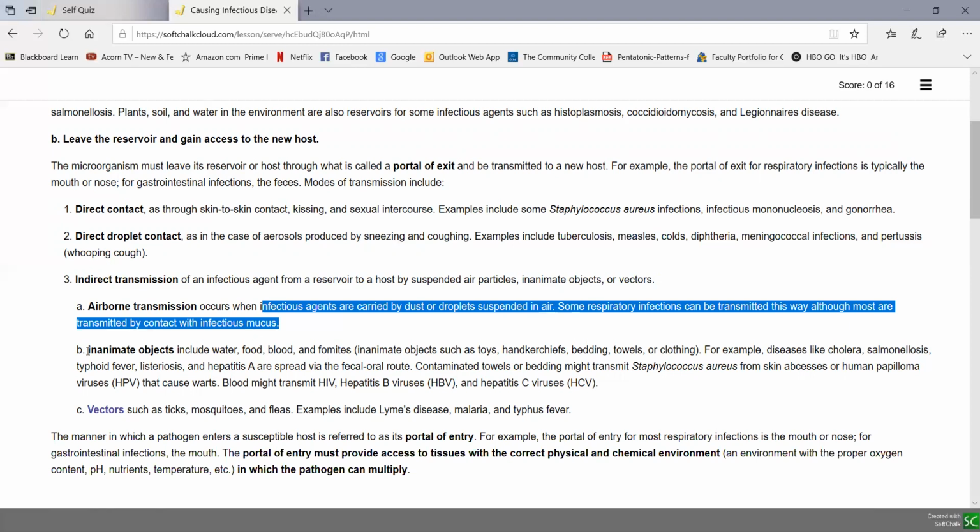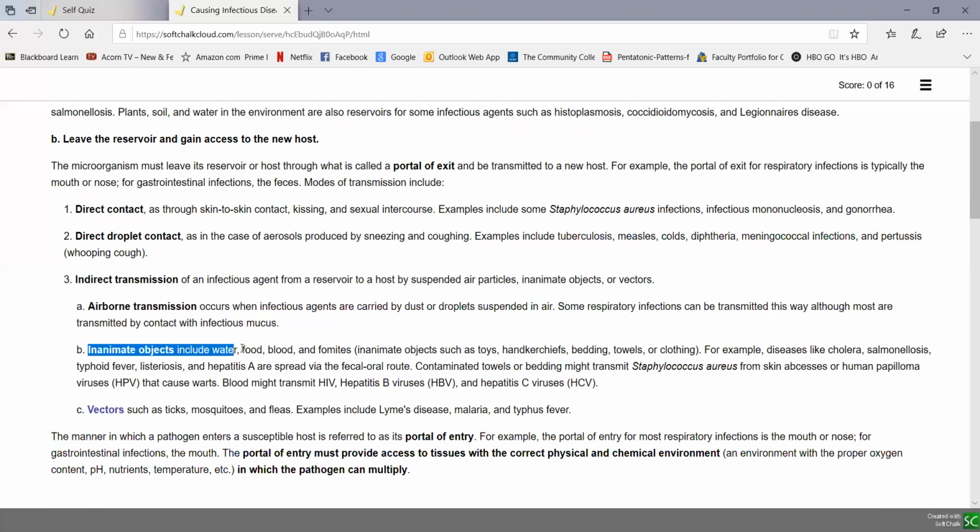Inanimate objects involve things like water, food, blood, and fomites. Now, a fomite is an inanimate object, things like toys, handkerchiefs, bedding, towels, or clothing that become contaminated with microbes and transmit the infection that way.